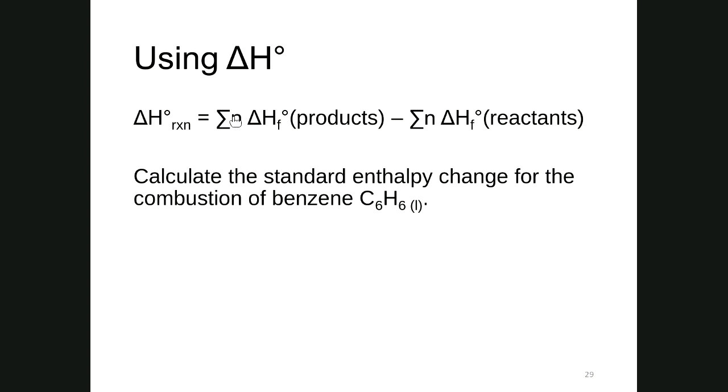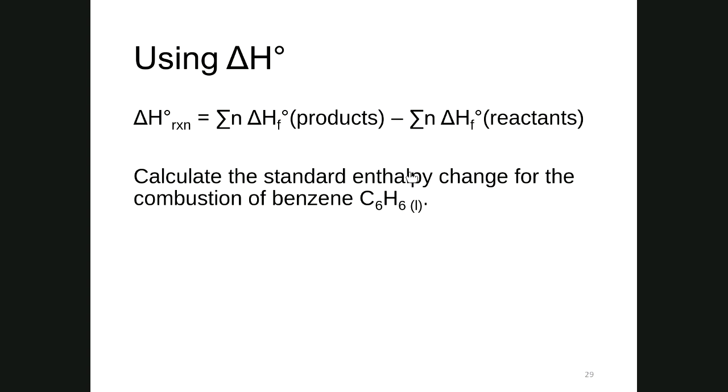And what we're going to add is n, which represents the coefficient from a balanced chemical equation, times the enthalpy of formation of the products. And we're going to subtract the same thing, but for the reactants. This is essentially what we've been looking at the whole time. Every time we see delta, we know that it means final minus initial. So we're taking our products, which is the final, minus the reactants, which is the initial.